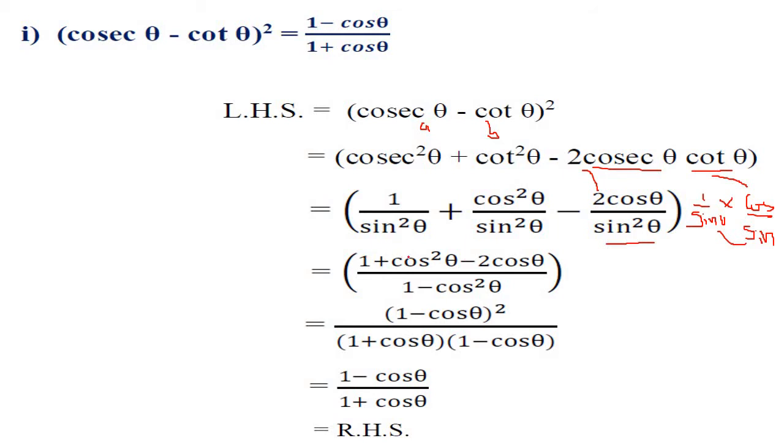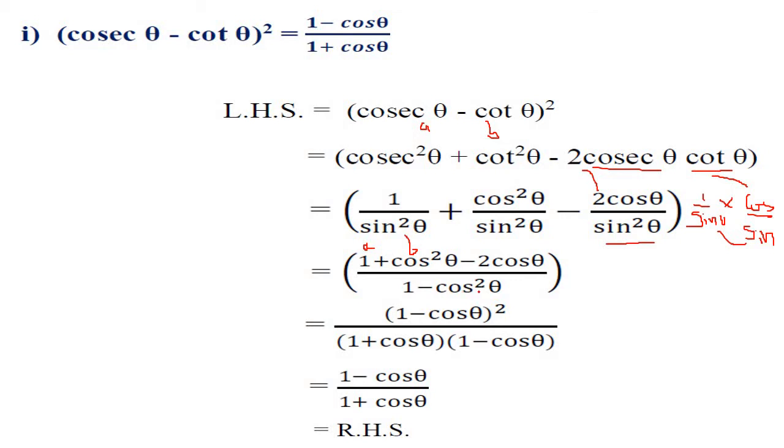Here a square is 1, b square is cos square theta, and the middle term is minus 2ab, where a is 1 and b is cos theta. Therefore this is (1 minus cos theta) whole square.